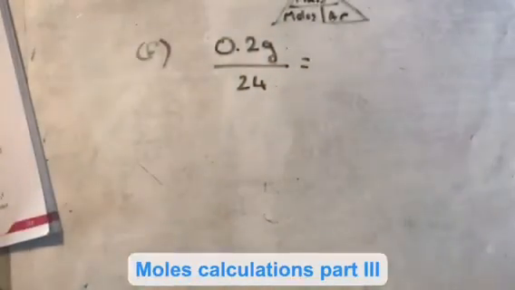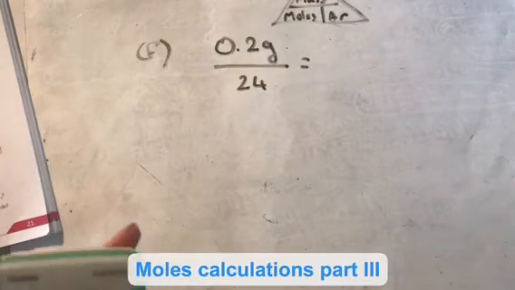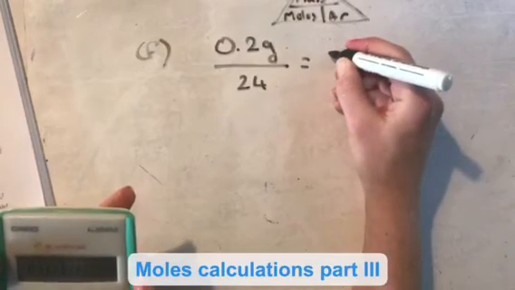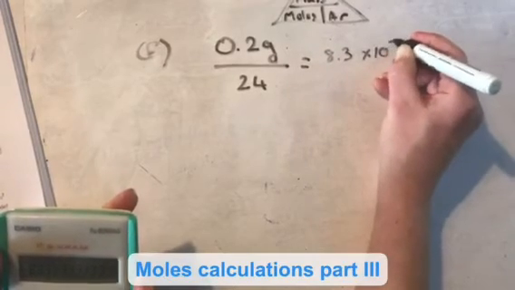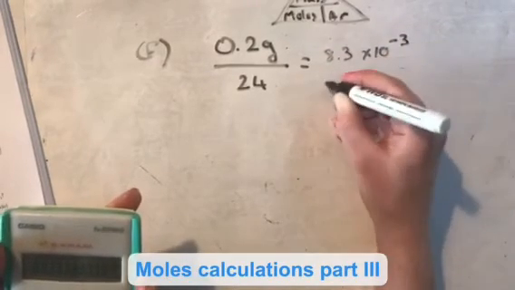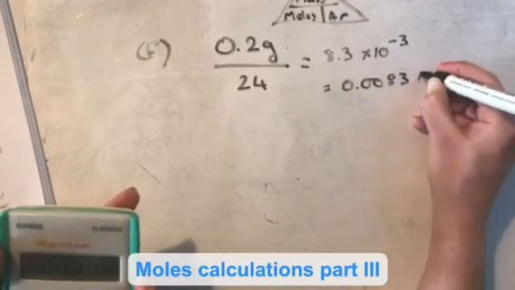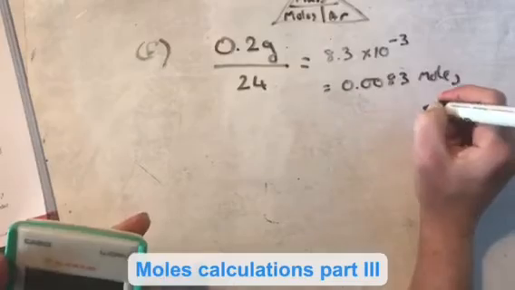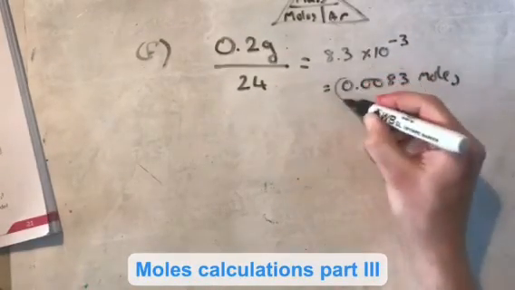So 0.2 divided by 24. Okay, that is 8.3 by 10 to the minus 3, or that's the same thing as 0.0083 moles. So that's what they're asking us there for F, okay? So that's our answer there.